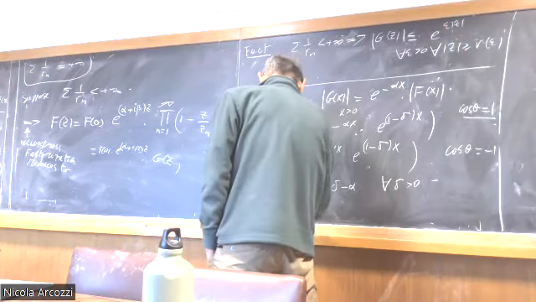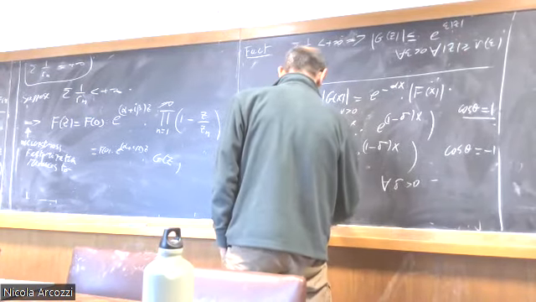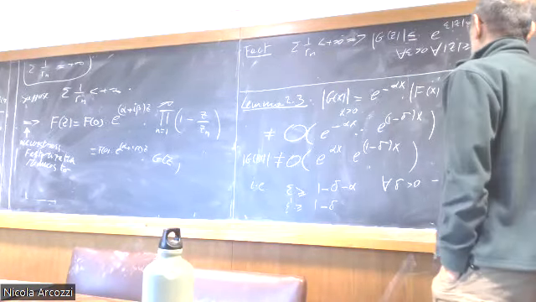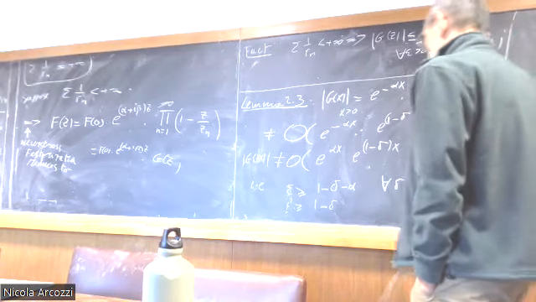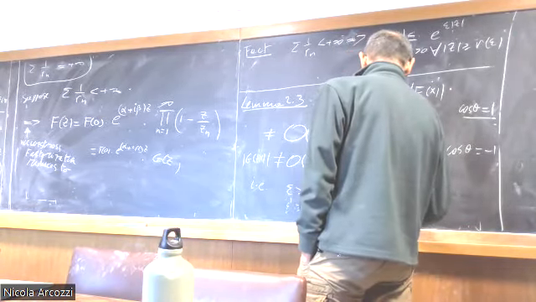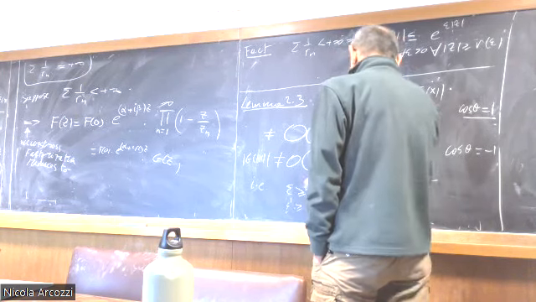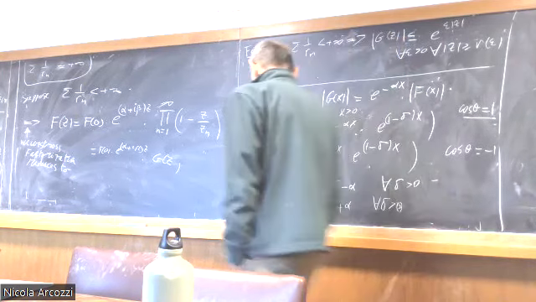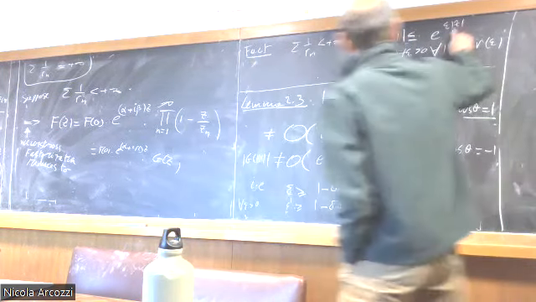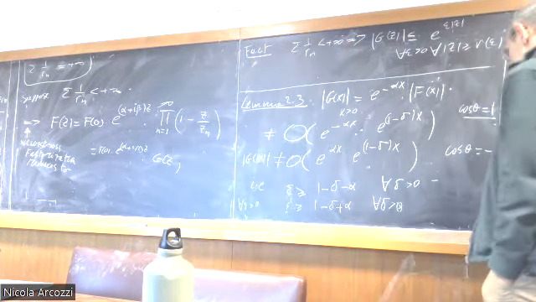And epsilon has to be greater or equal than 1 minus delta plus alpha for all delta. And this for all epsilon bigger than 0. Right? That's true for all epsilon.